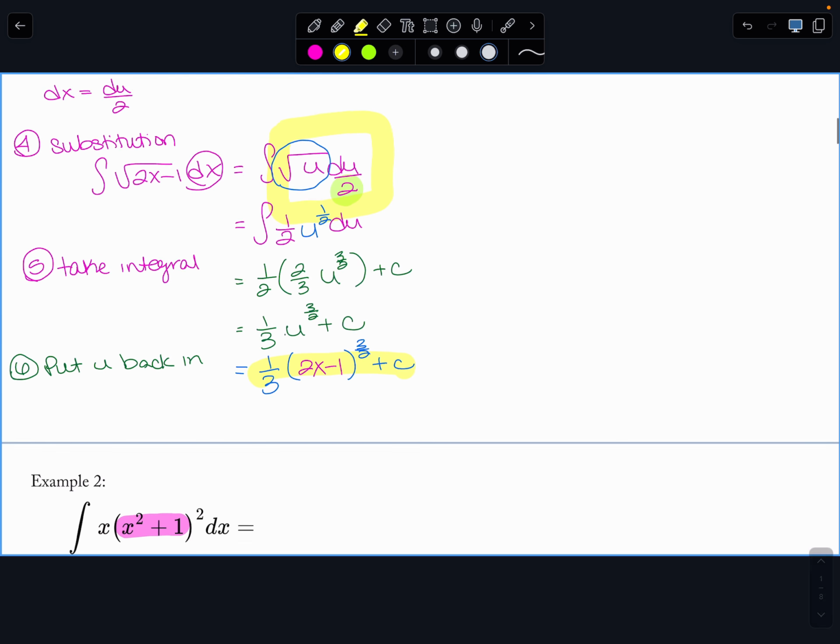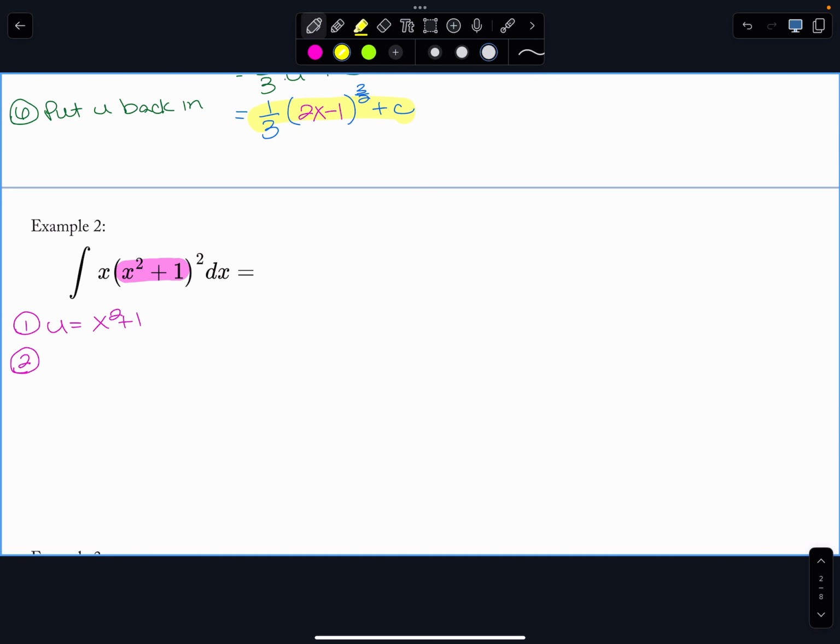Skip a step. So when I take my derivative, my du is 2x dx. Then it makes solving for dx a little bit easier.